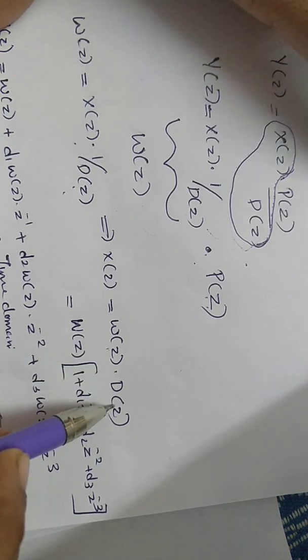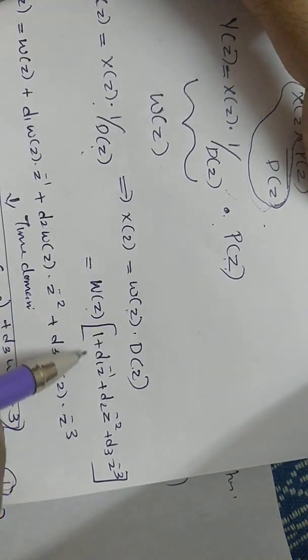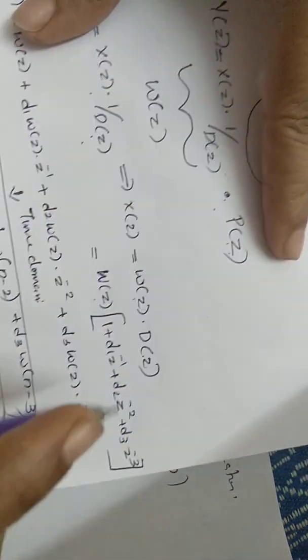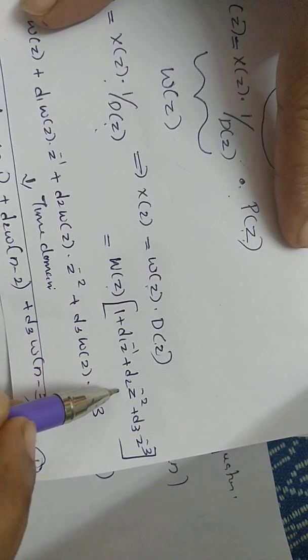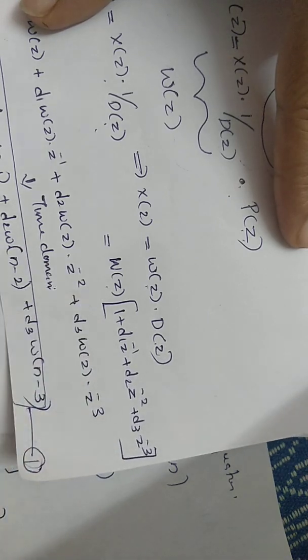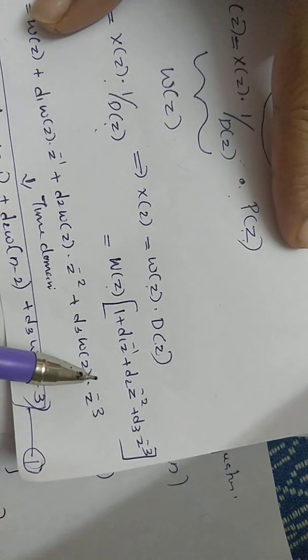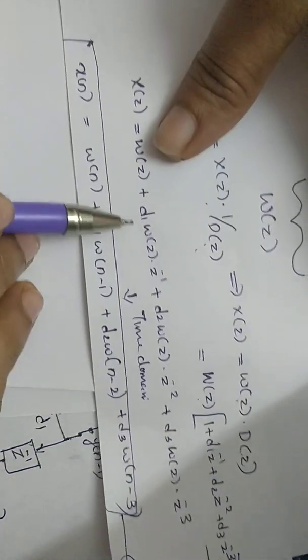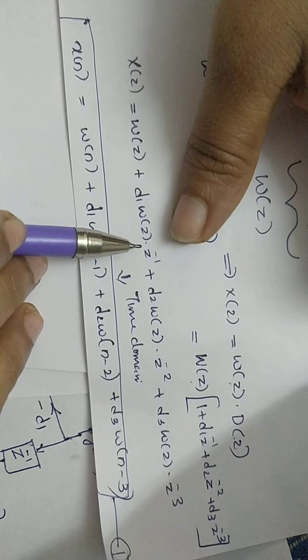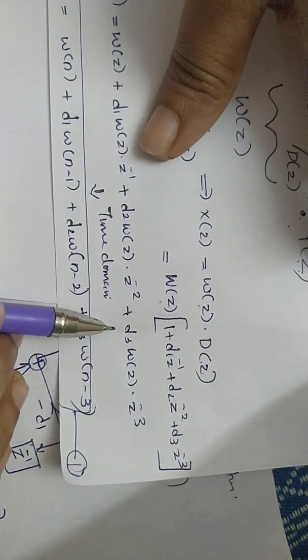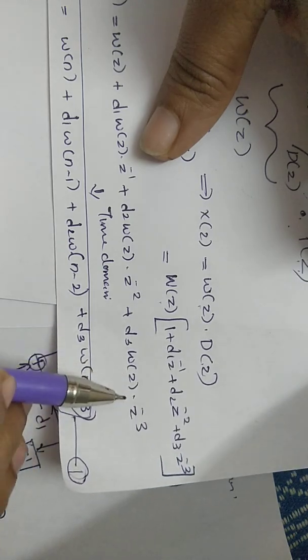I am expanding the D of z term, that is the denominator term: 1 plus d1 z inverse plus d2 z raised to minus 2 plus d3 z raised to minus 3. Multiplying the terms, X of z is equal to W of z plus d1 W of z into z inverse plus d2 W of z into z raised to minus 2 plus d3 W of z into z raised to minus 3.